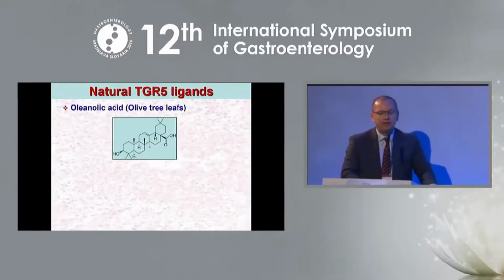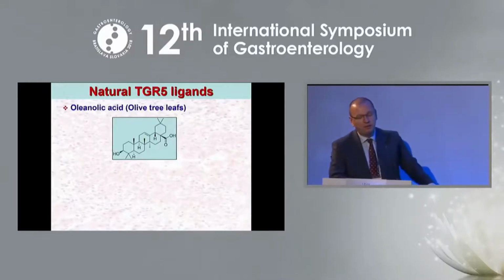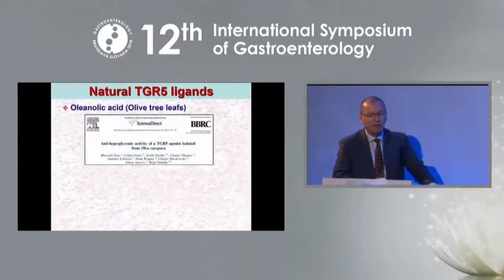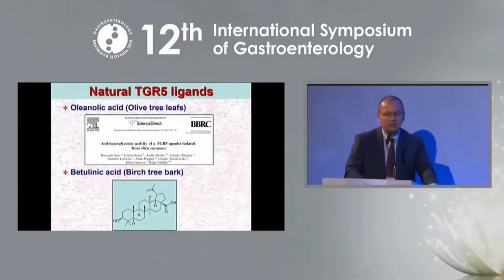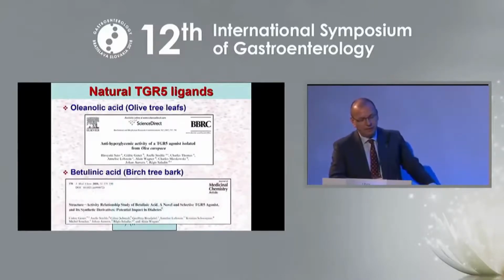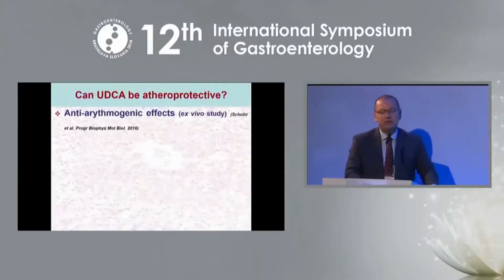This is oleanolic acid from olive tree leaves. And as you may see, there are real scientific data showing that these products can have metabolic effects. The same is true for this acid, called betulinic acid, coming from birch tree bark. And again, we have research data showing that these natural products can have a real effect on modulating metabolic diseases.